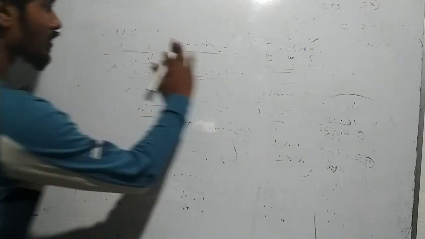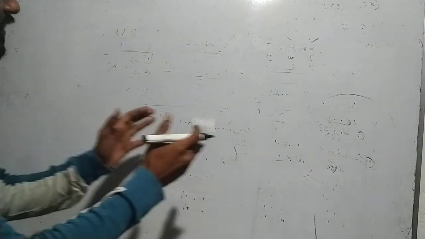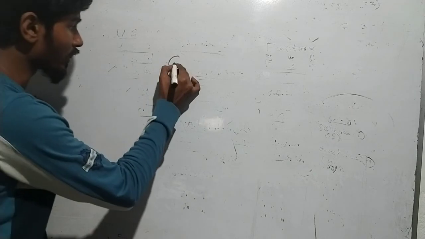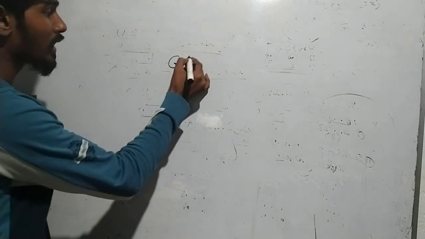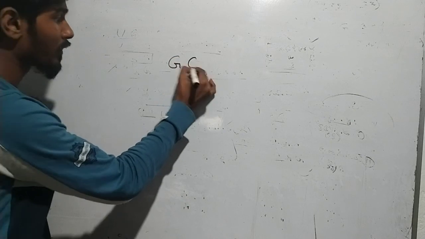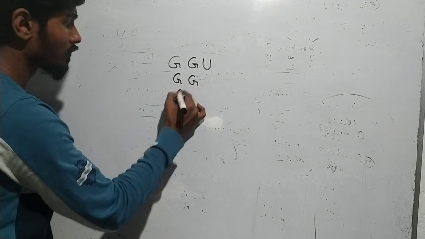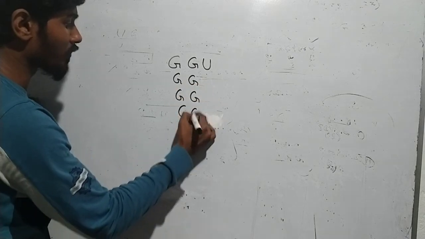Okay, so the last room of the genetic code chart will start with the letter G. So GGU, again you have GG, again you have GG.